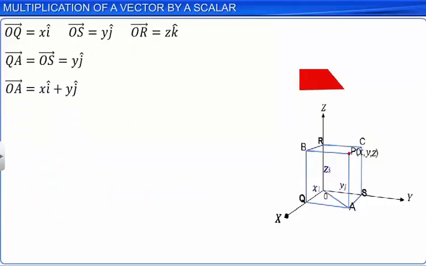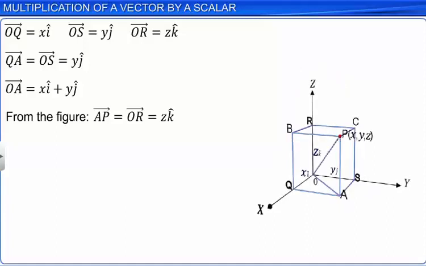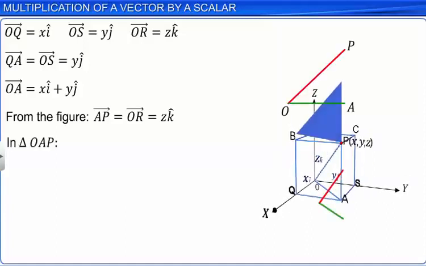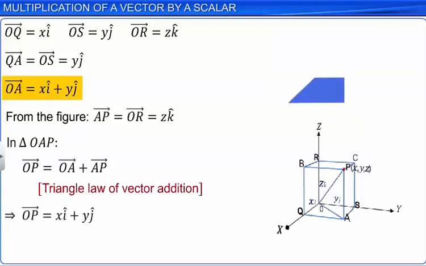Again from the figure, we have vector AP equal to vector OR, that is, z into unit vector k. In triangle OAP, vector OP is equal to vector OA plus vector AP. Thus, vector OP is equal to x into vector i plus y into vector j plus z into vector k.